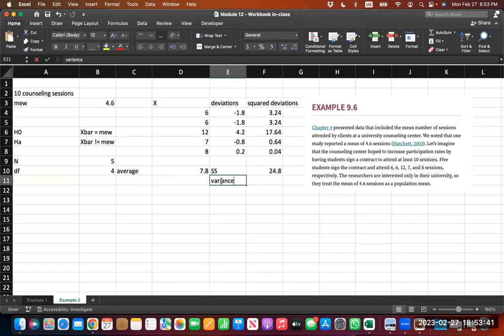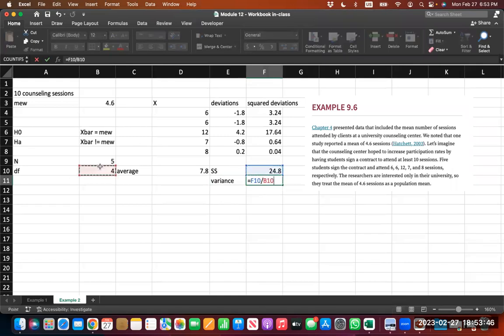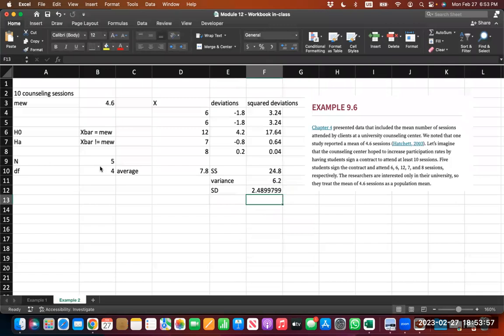Our variance is this divided by this, and our standard deviation is the square root of this. So that's our standard deviation, and that's the variability.